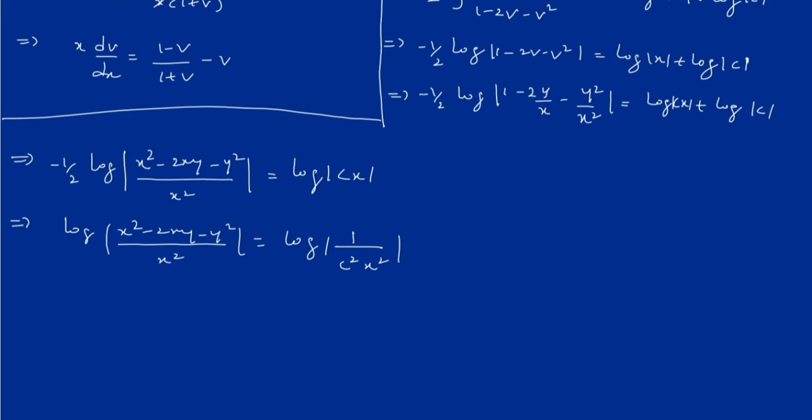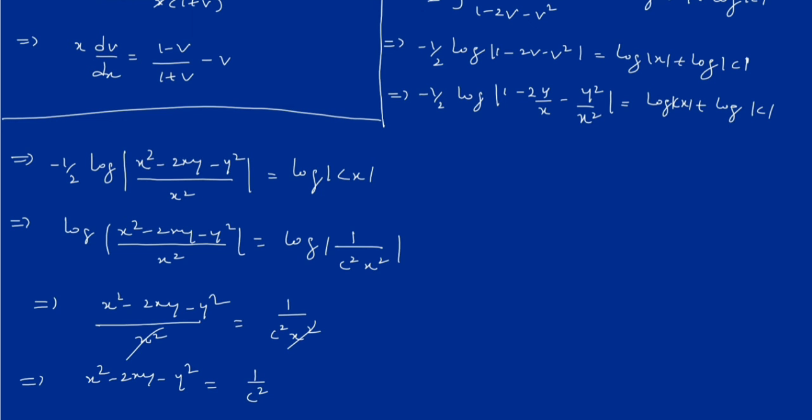Both sides log get cancelled, so (x square minus 2xy minus y square) upon x square equals 1 upon c square x square. Here x square gets cancelled, and only c square remains on the RHS.